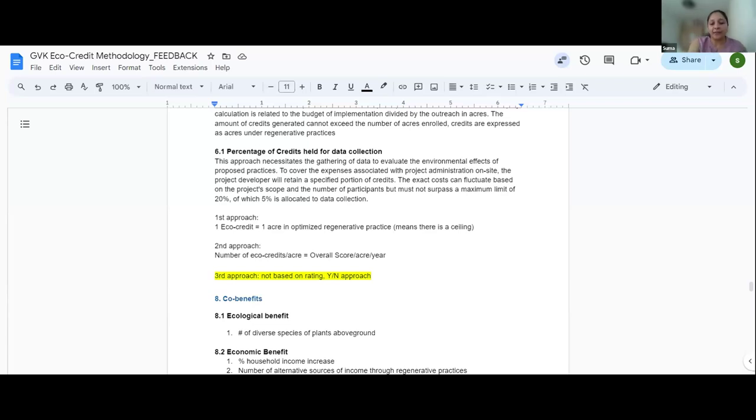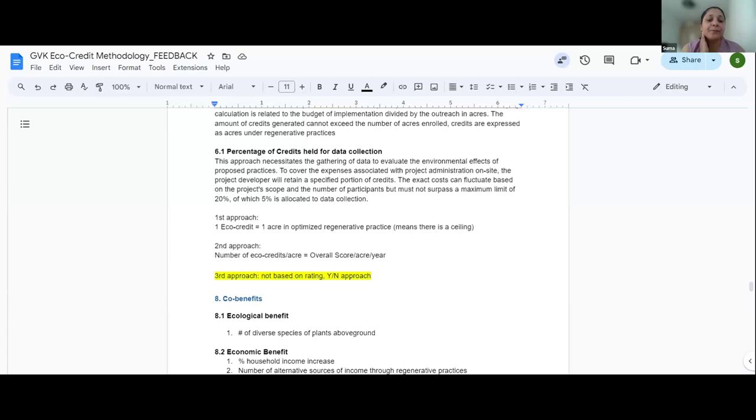So this is a very simple approach, because once the farmer is enrolled, the farmer is certified regenerative organic, and there are systems and data in place which come with strong evidence.